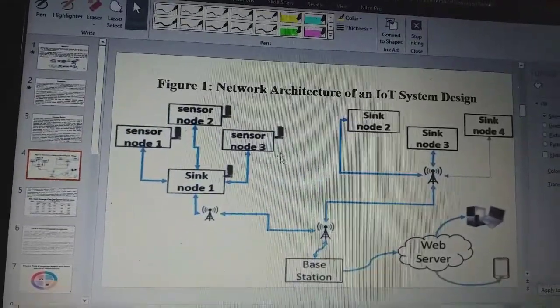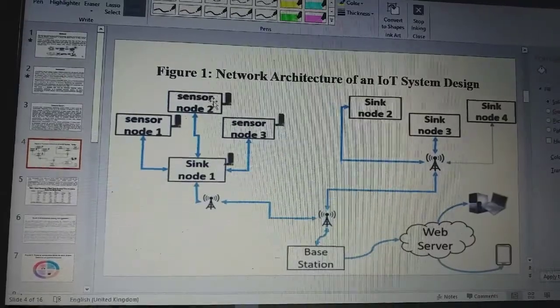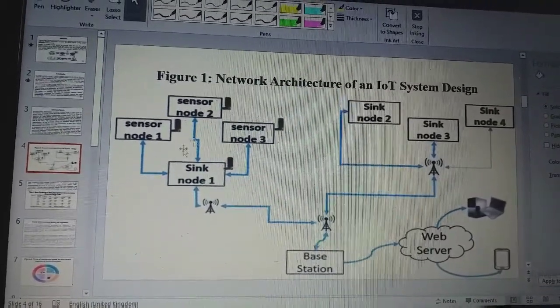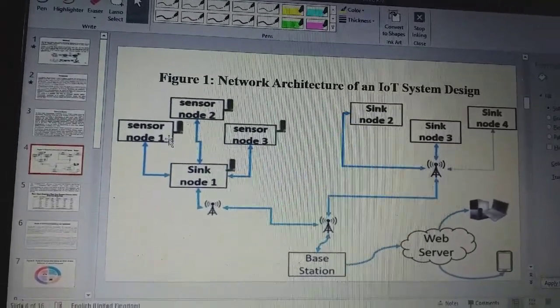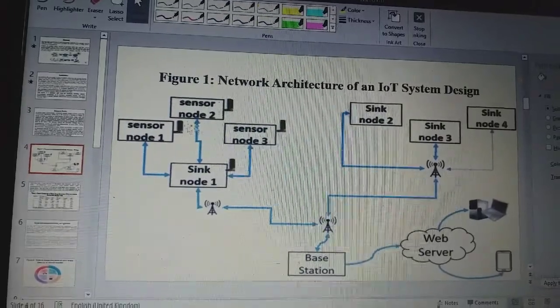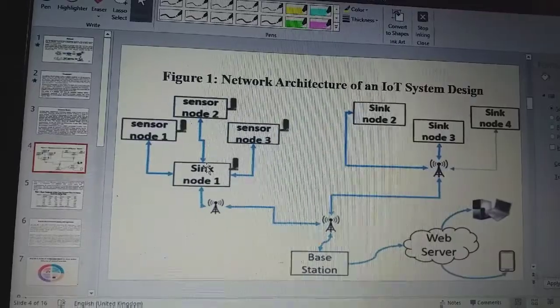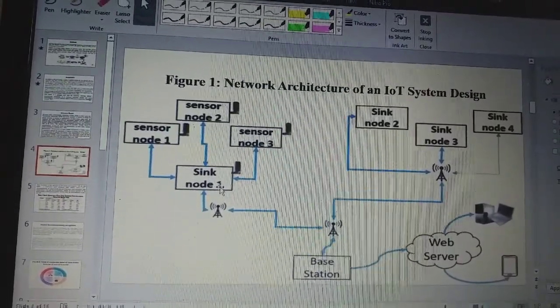This is actually a network architecture representation of what this system looks like. So you have this left hand side, which is the sensor nodes, sensor areas. You have this sink side, which is the right hand side. So all these sensor nodes are connected. They have specific electrodes that are connected to them in order to detect whatever pollutant you are looking for.